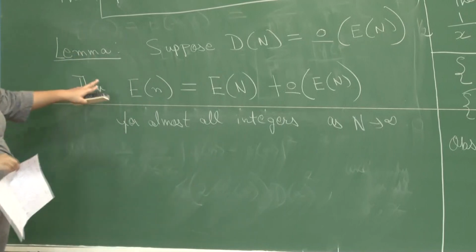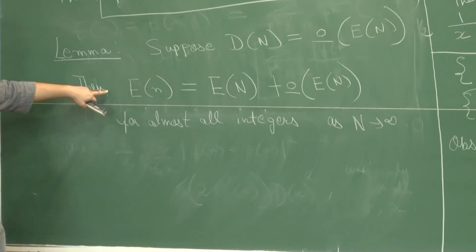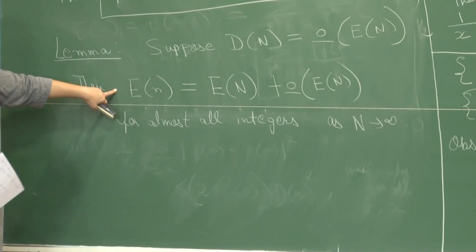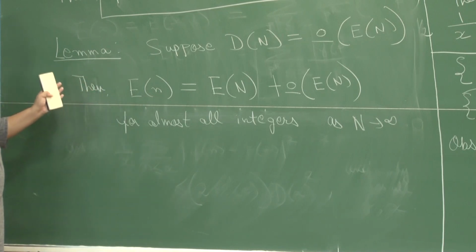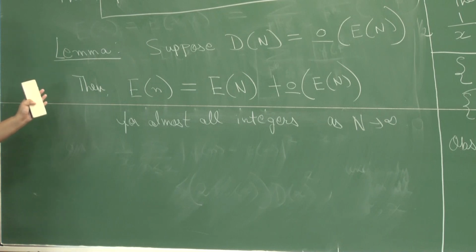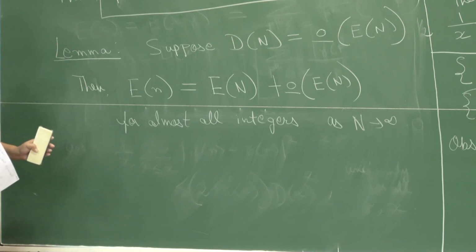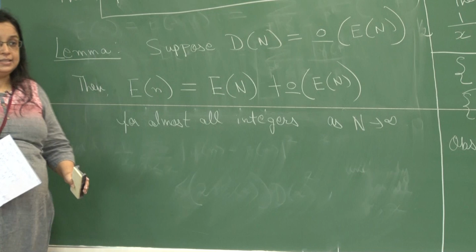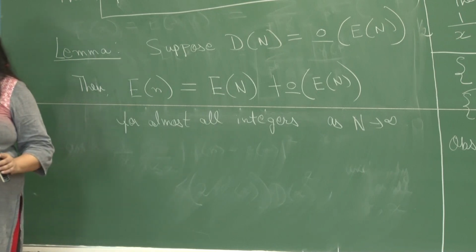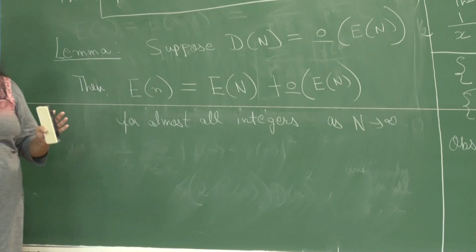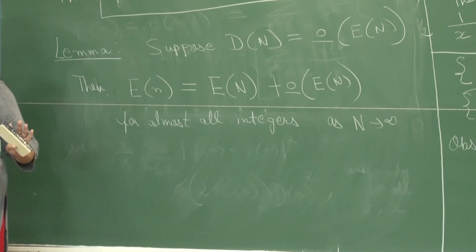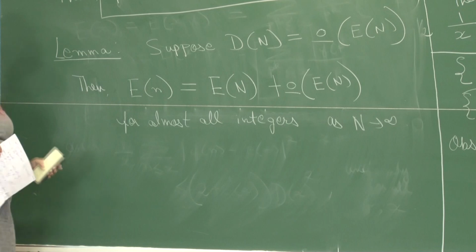Meaning this, as capital N goes to infinity, this asymptotic estimate holds in a subset of natural numbers whose natural density is exactly equal to 1. That set itself may not be all of N, but it will be almost all of the set of natural numbers. Okay.